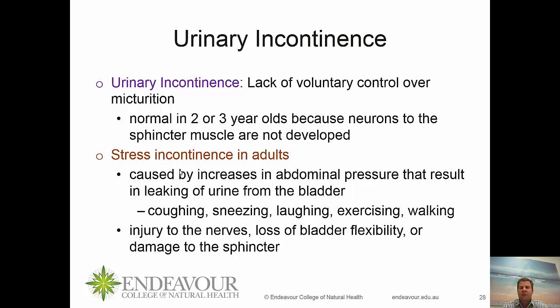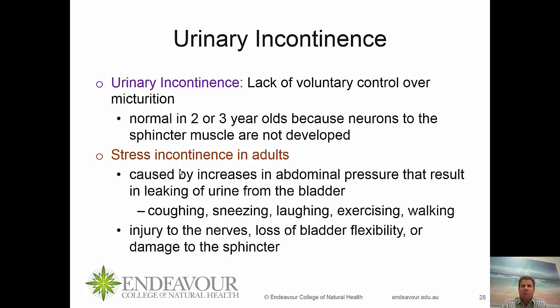So not until about the age of 1.5 to 2 are the nerves fully developed enough to innervate the external urinary sphincter. So it's really a function of, 1, neural development, and then learning how to control that sphincter. So that's toilet training in young kids, or 2 to 3 year olds.